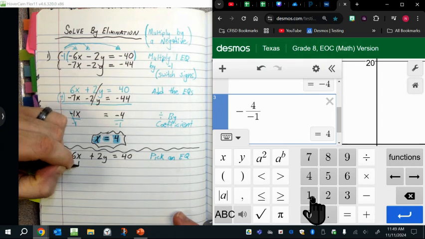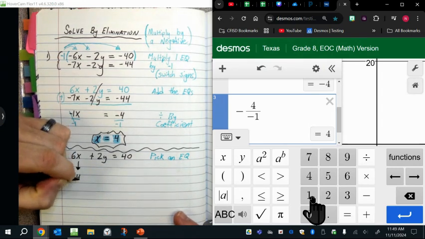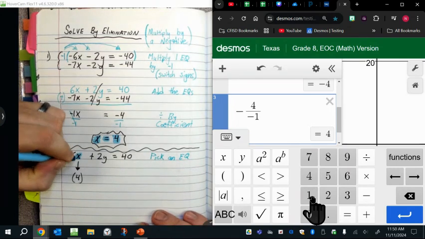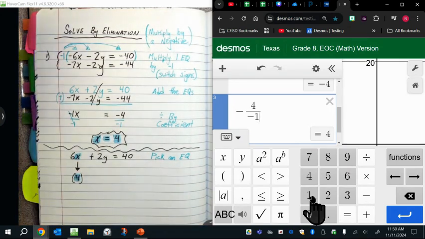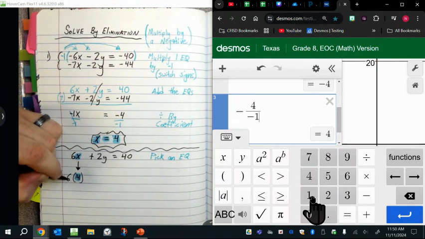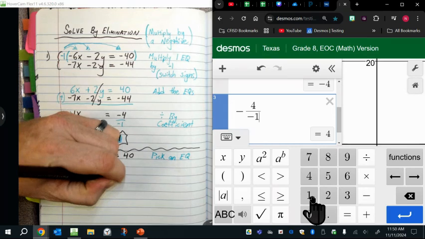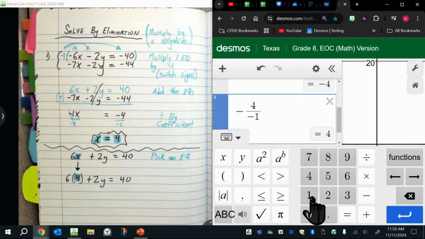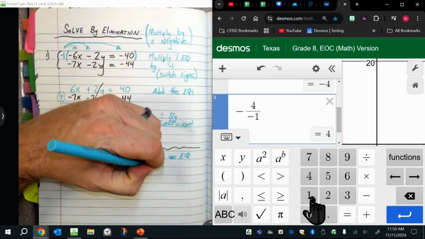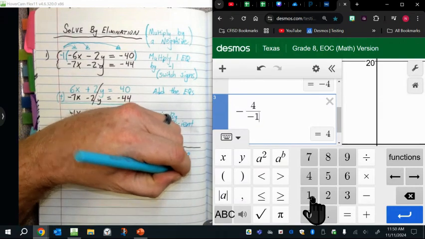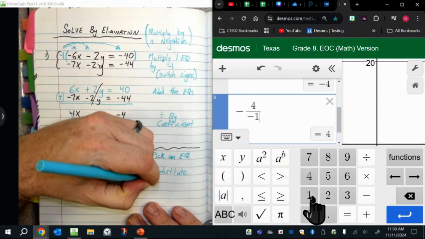All right, we know x to be 4. So we're going to substitute what we know. So I'm going to take 6, multiply it in, so pick an equation, substitute, and solve.